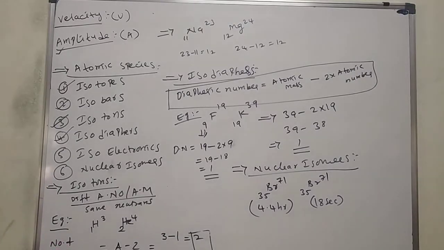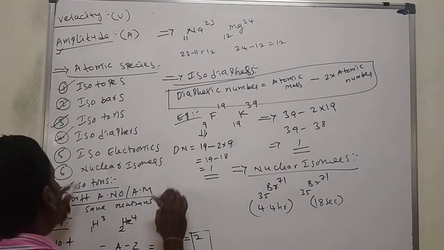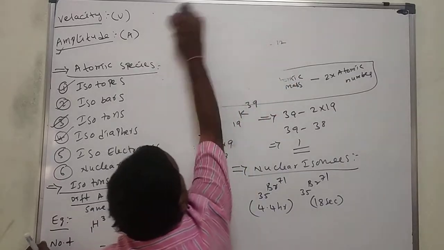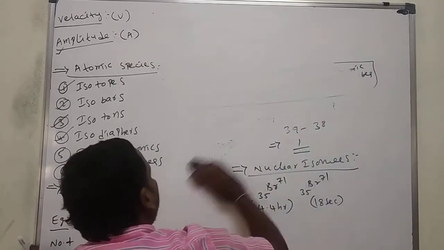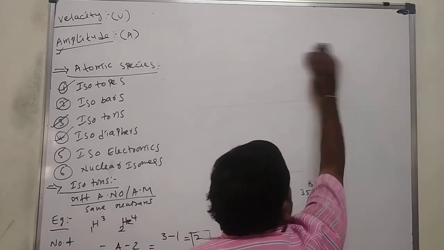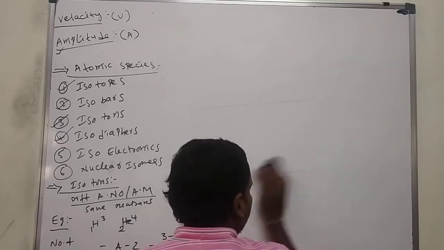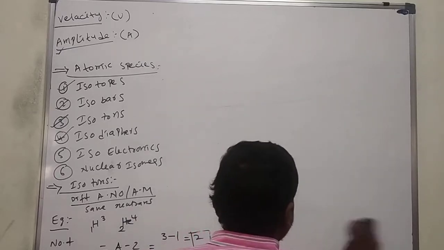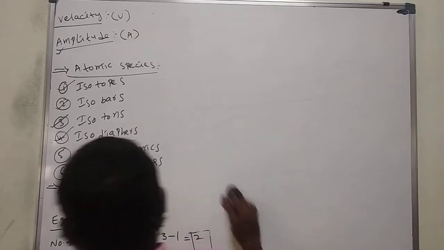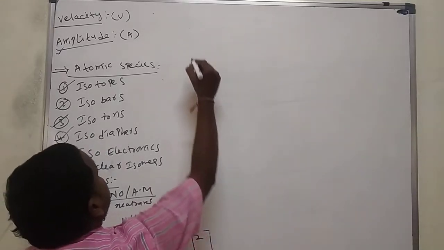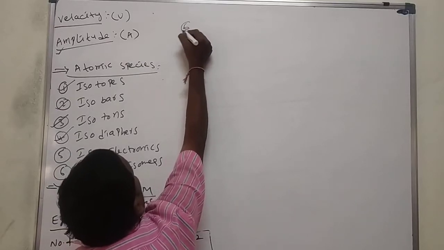In continuation, we'll see one more, the last one: isoelectronics, or isoelectronic species. The sixth one.